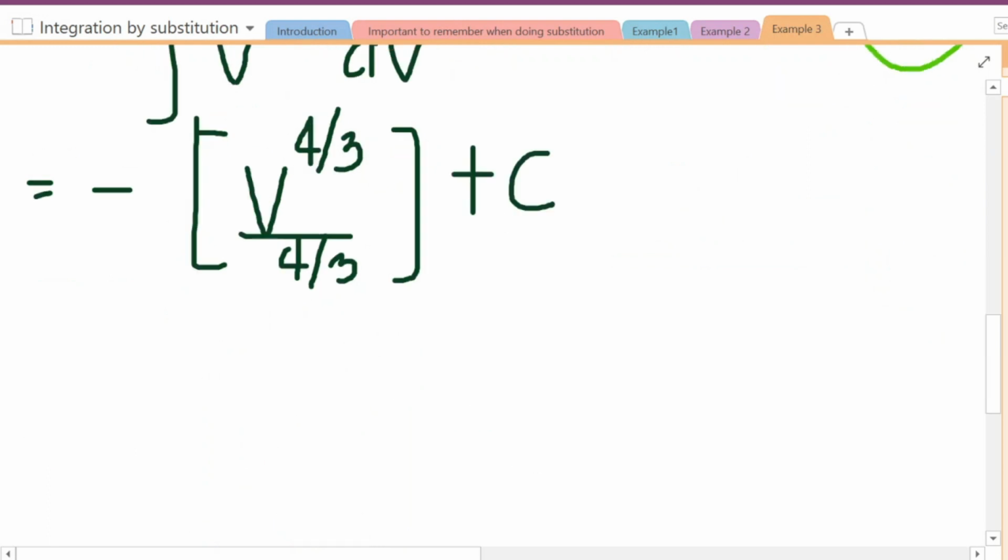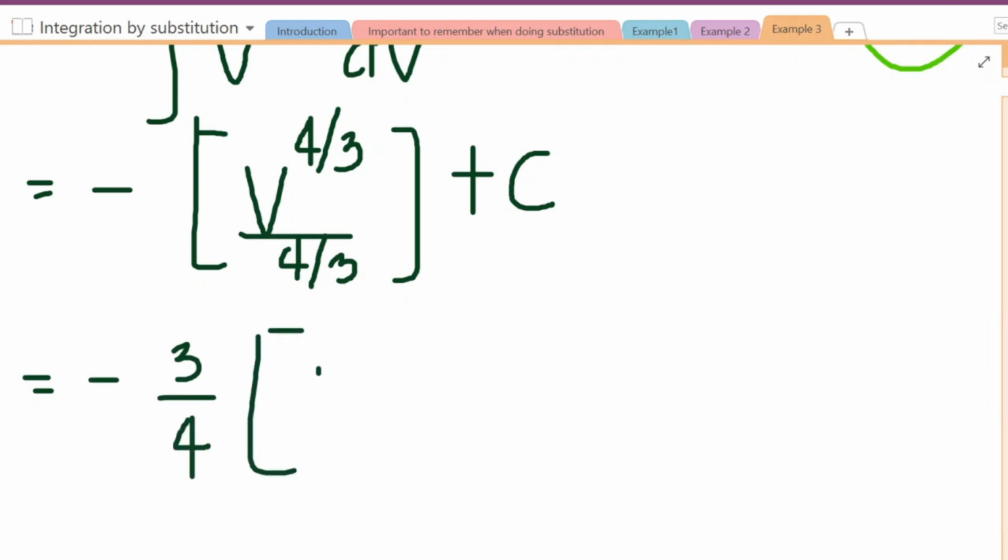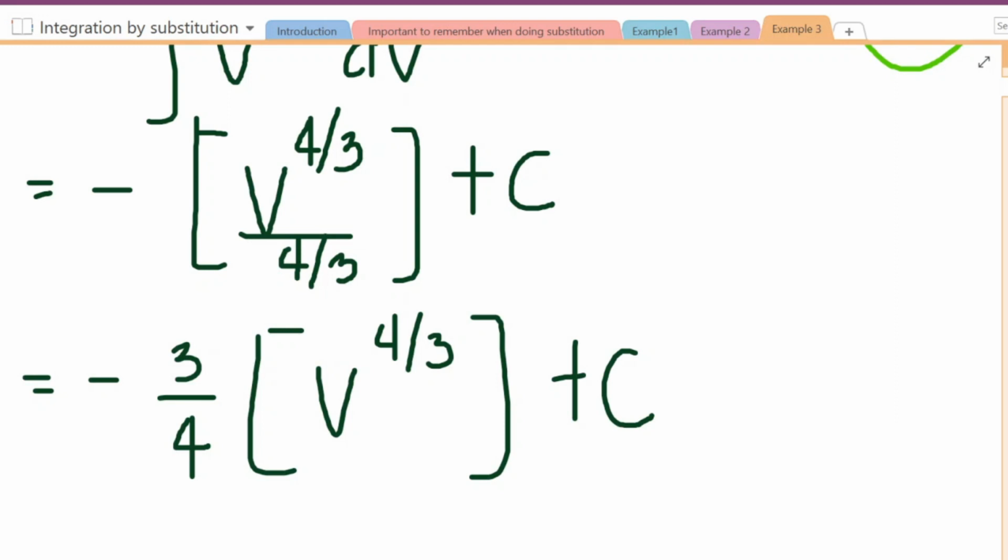That means our remaining job here is to simplify this one. We write negative 3/4 integral of v raised to 4/3 plus c.